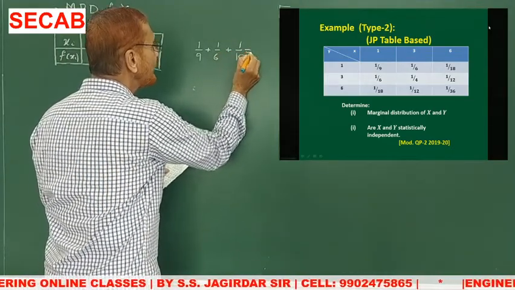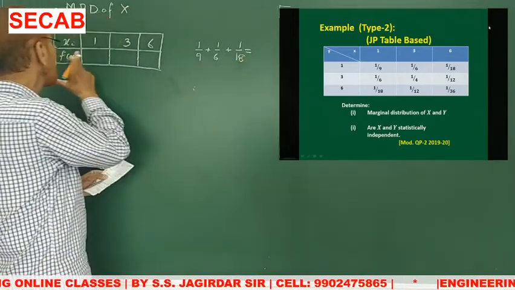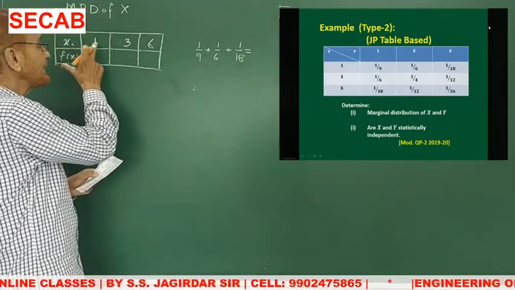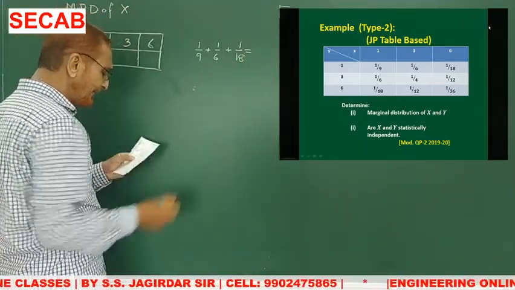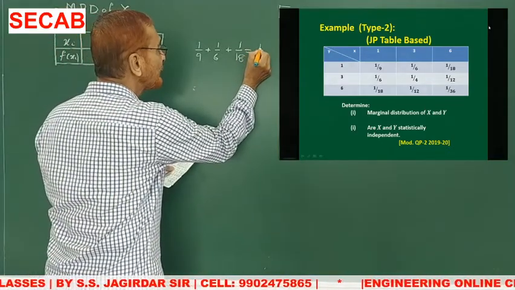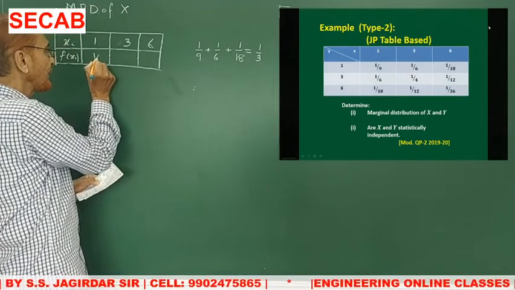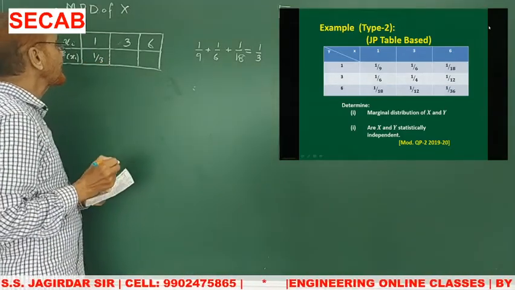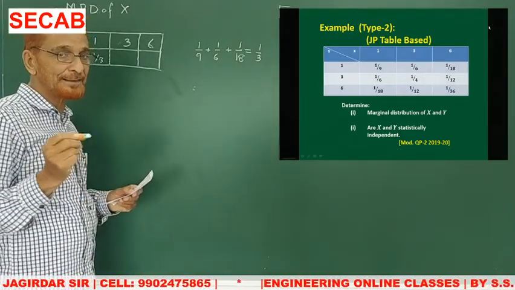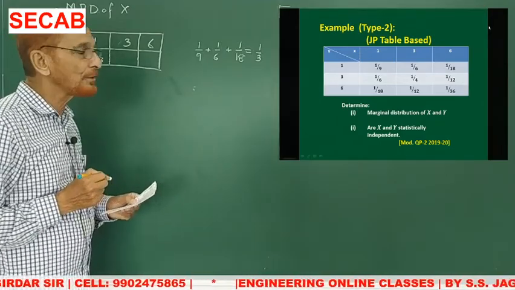When you add them, this gives f of xi when x is equal to 1, and very easily you can see its value is 1 upon 3.